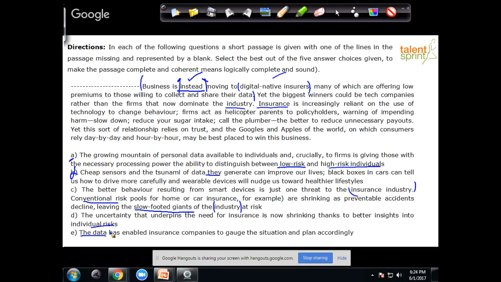So the first thing that you can quickly eliminate is options B and E. Even if you are stuck between A, C and D, because of our clue words, conventional, slow-footed giants, and because we're talking about something transitioning to a digital platform, C is our most effective fit as compared to the other options. So yes, the answer is C for this question.